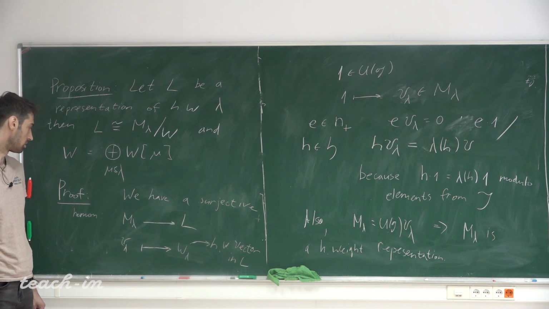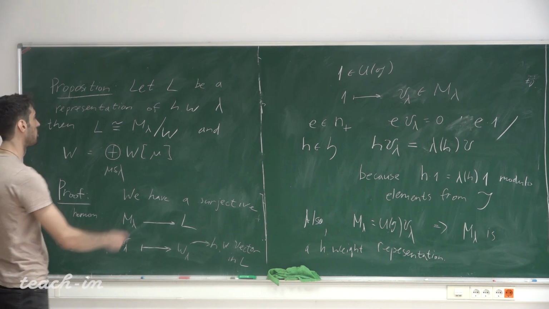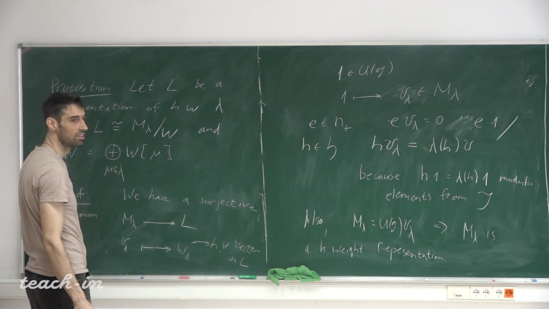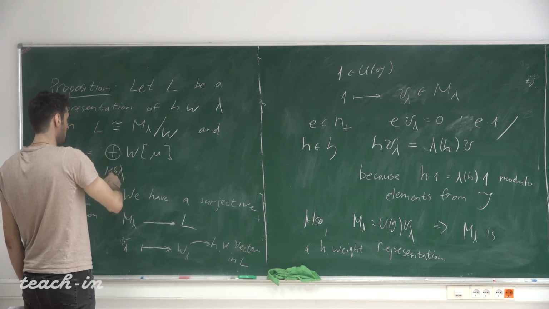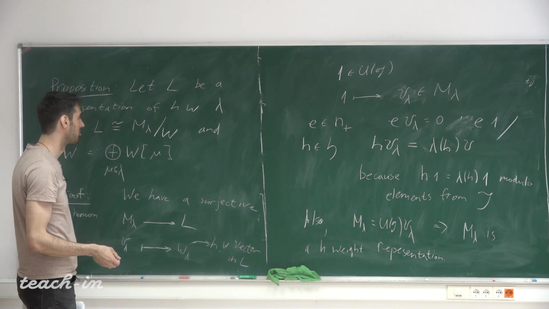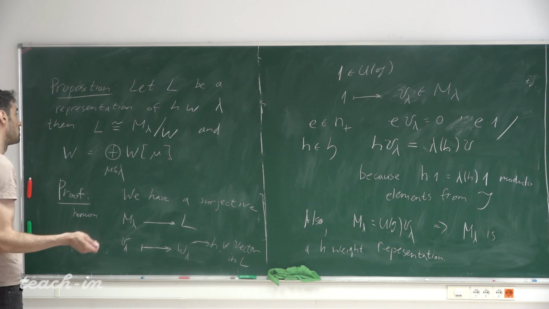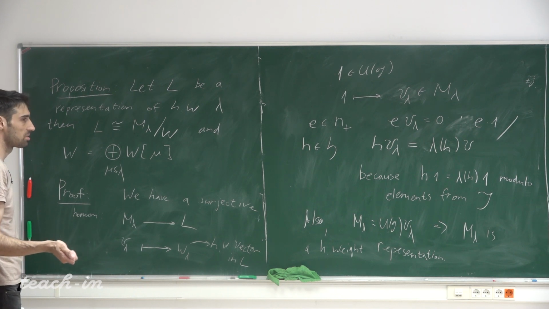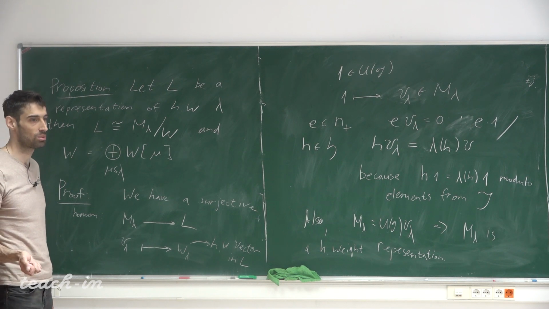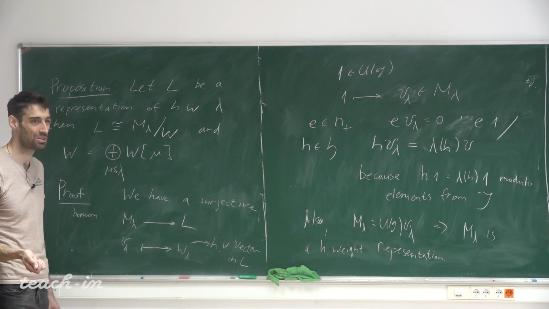Sorry, the mu should be strictly less. Or less. Okay. If you add a non-zero representation, then strictly. Yes. Well, you can kill everything. It depends on the conventions. Do you want the zero space to be a representation of L or not?